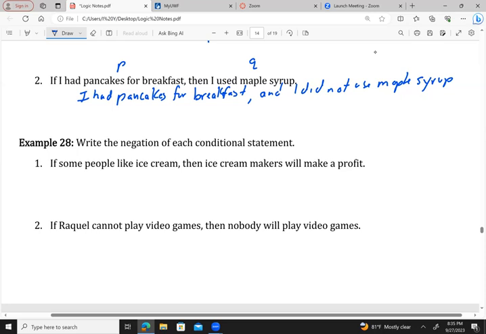So now we're going to write the negation of more conditional statements. If some people like ice cream, then ice cream makers will profit.